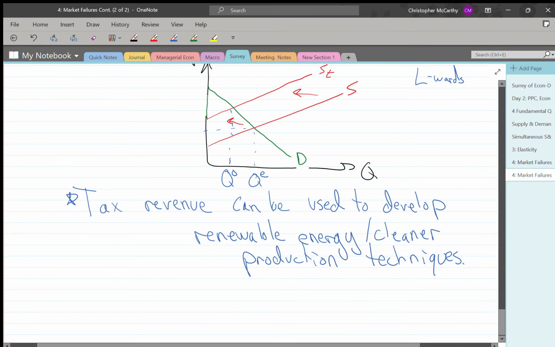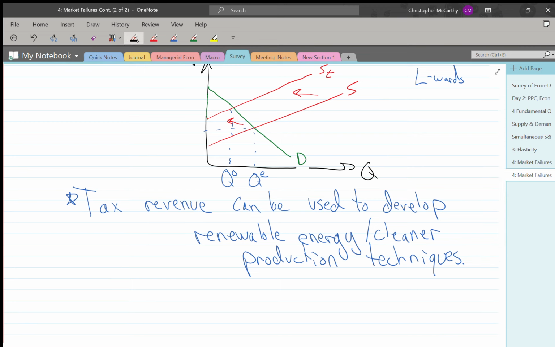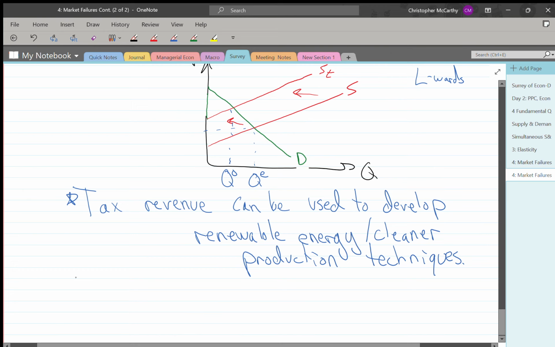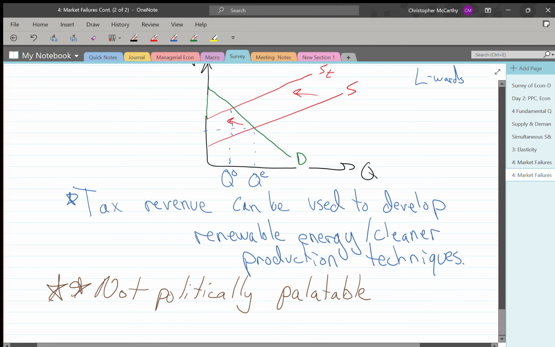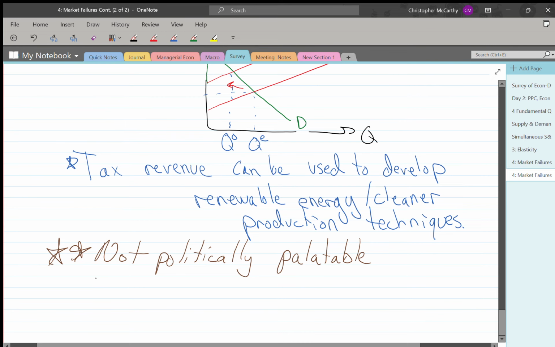But this is really difficult for any kind of political will behind it. It's not politically palatable, right? It's very difficult for us to get anything like this passed because there's no such thing as a free lunch, which is our expression in economics that says that there's a cost to everything, right?